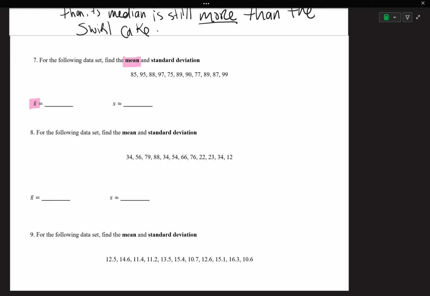Please refer to your notes to remind yourself how to find the mean with the calculator and the standard deviation with your calculator. Make sure when you're typing it, you are selecting to use the squiggly brackets and that you're using commas.